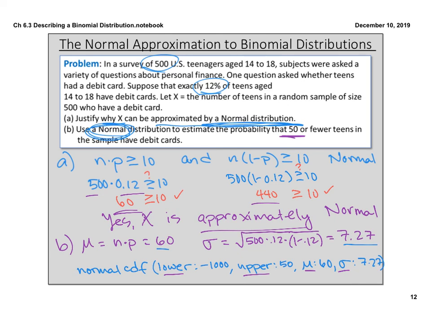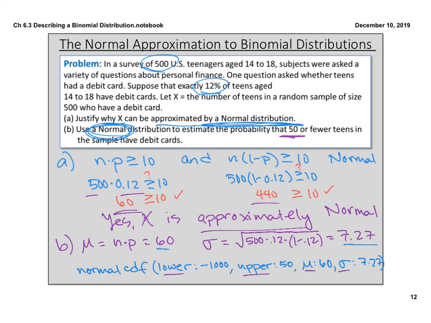So now go back to your calculator, go to second distribution. Normal CDF is option 2. So I already have negative infinity in for my lower bound, so I'll do my upper bound of 50. My mean is 60, and my standard deviation is 7.27. And I get 0.084.